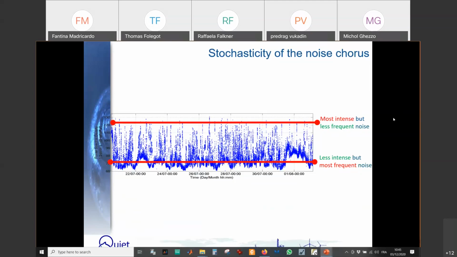So anthropogenic noise is usually most intense, but less frequent. While the bottom here of the noise is more related to natural noise in most cases, unless you have very, very heavy traffic. But in most cases, this is related to the environment. So it's less intense, but most frequent, almost always there.